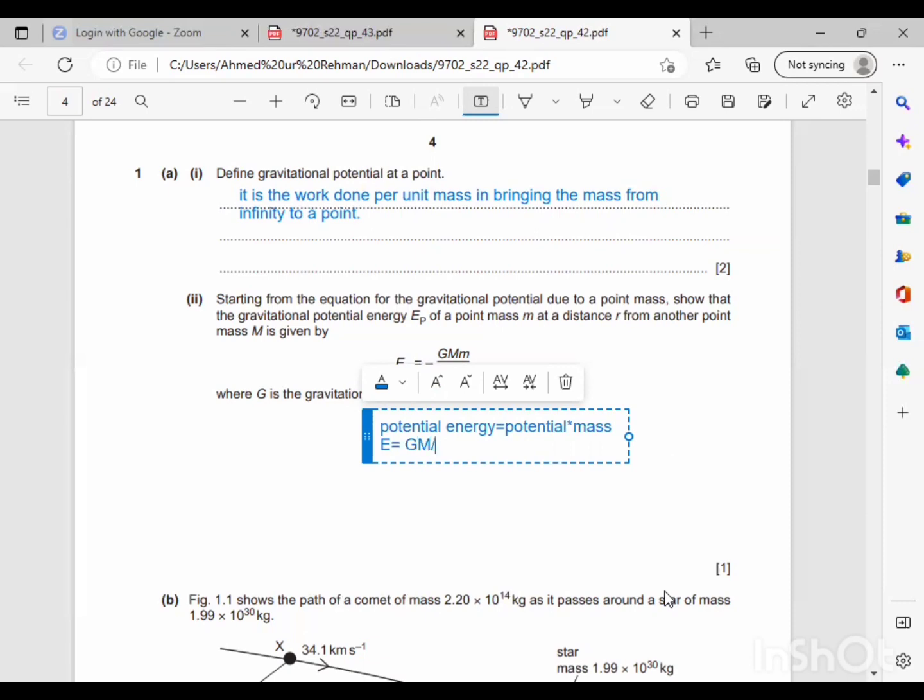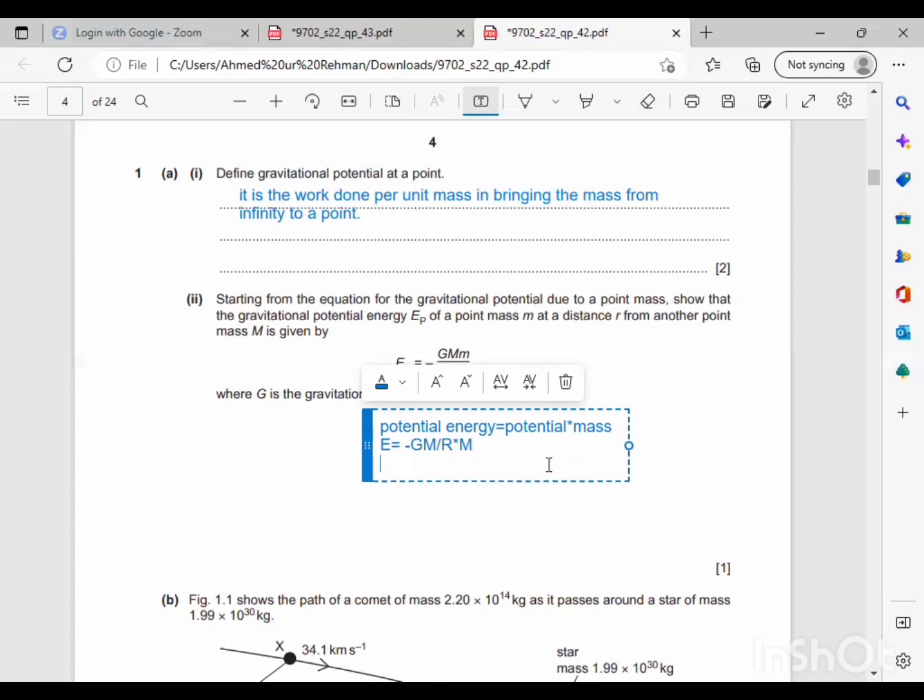So this is for potential and then into our mass, which is m. And the potential equation also has a minus sign, right?